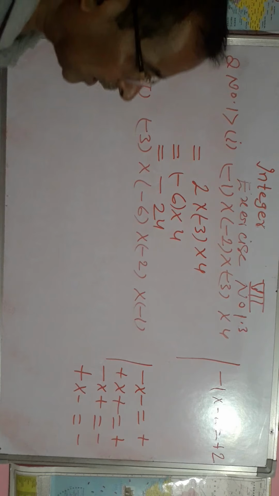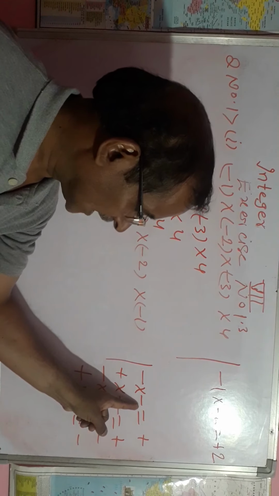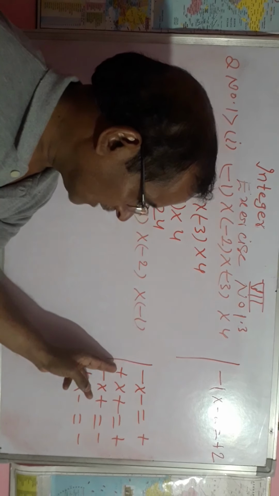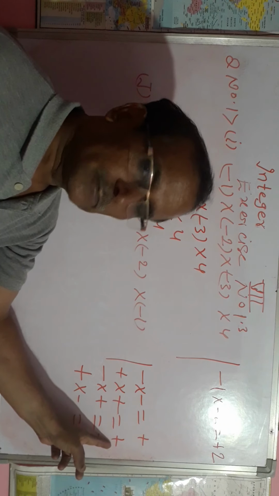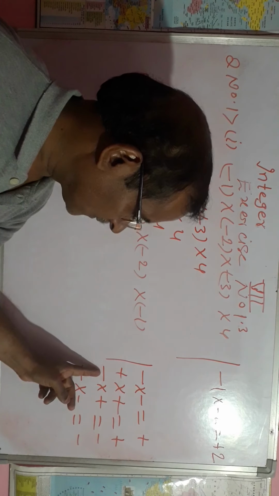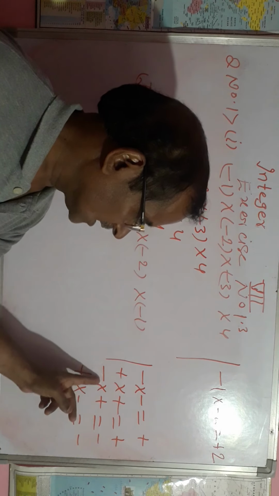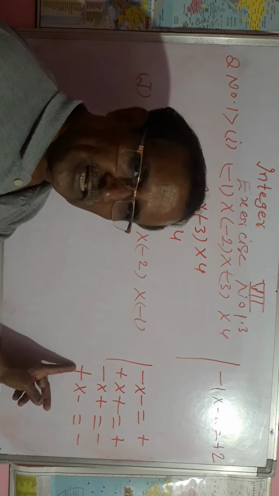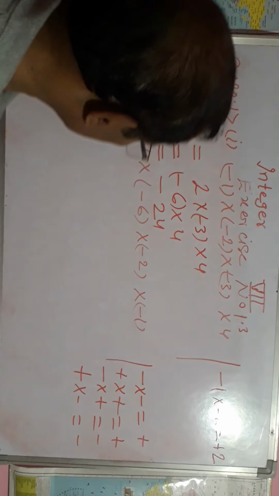If we multiply two negative signs, then we get plus. Whenever we multiply two positive signs, then we get plus. If we multiply one minus and the other plus, then we get minus. And if we multiply plus and minus, we get minus.